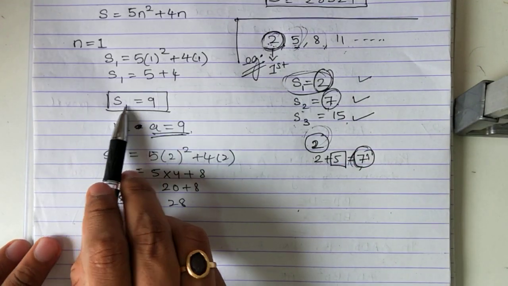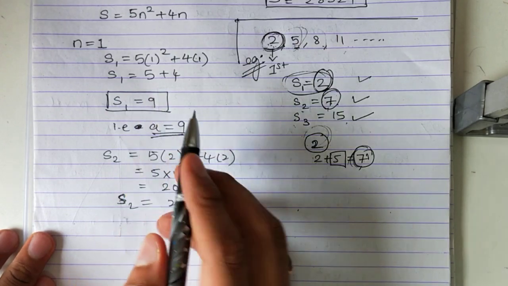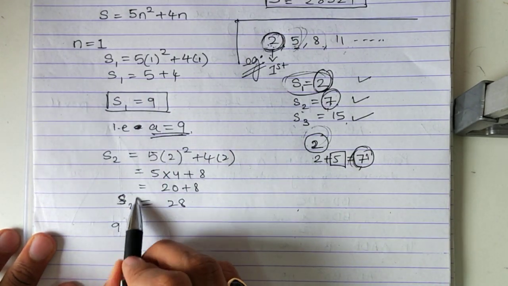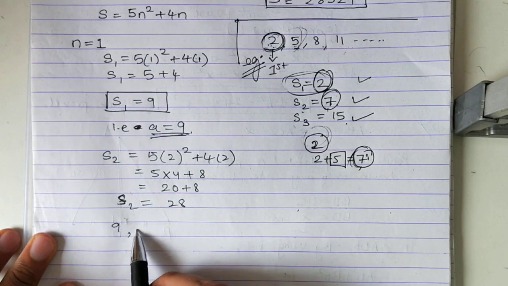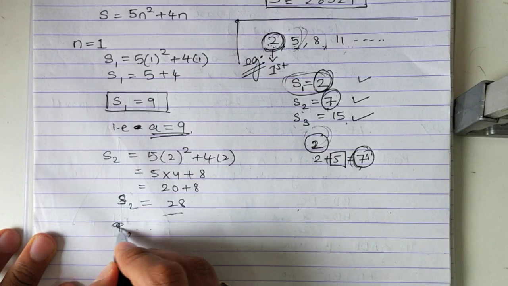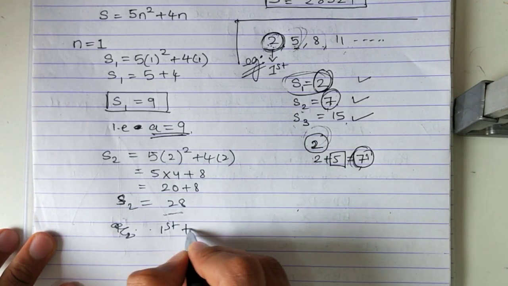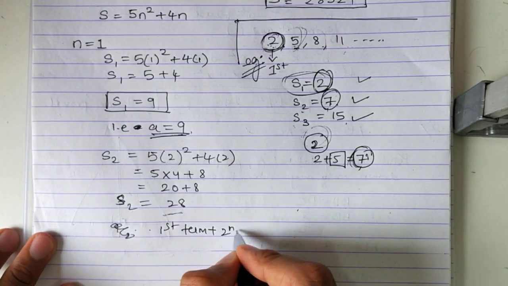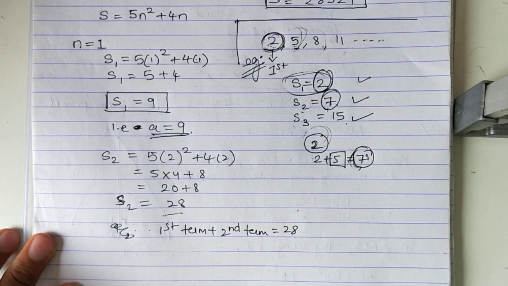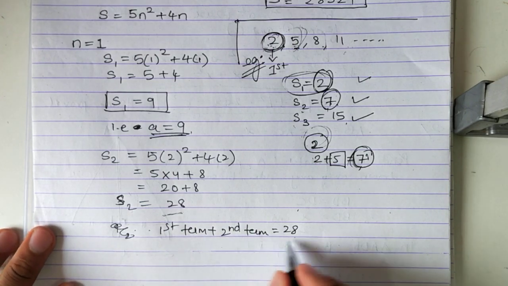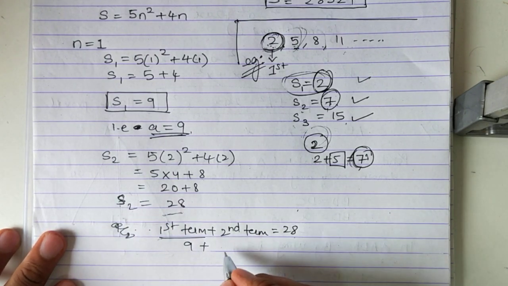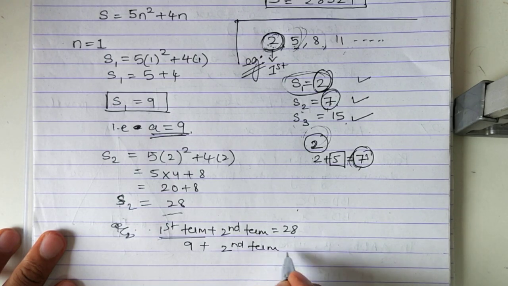Correct. See, sum of one term is 9, meaning the first term is 9, and sum of two terms, meaning first term plus second term, is 28. Okay. See, first term plus second term is 28. Correct. Sum of two terms, but the first term we know is 9, so the second term I can easily find.